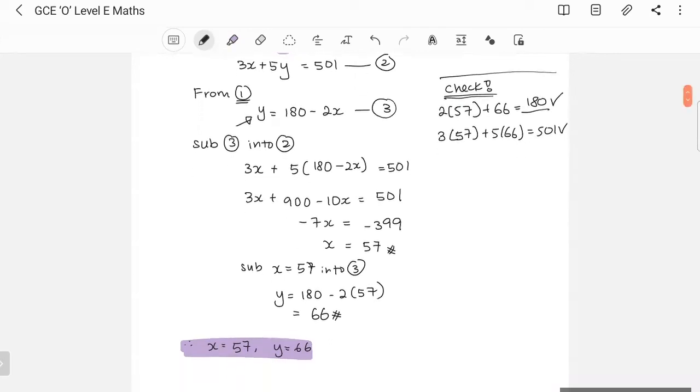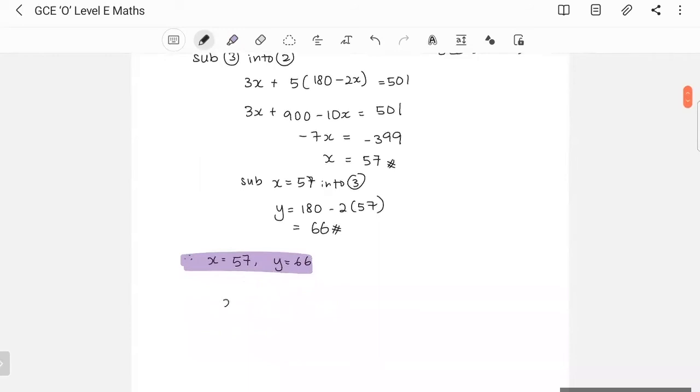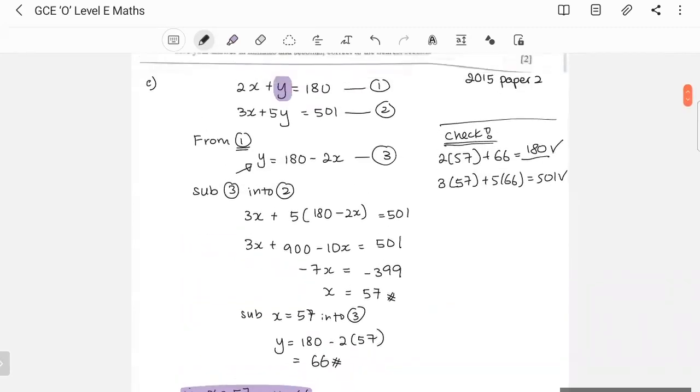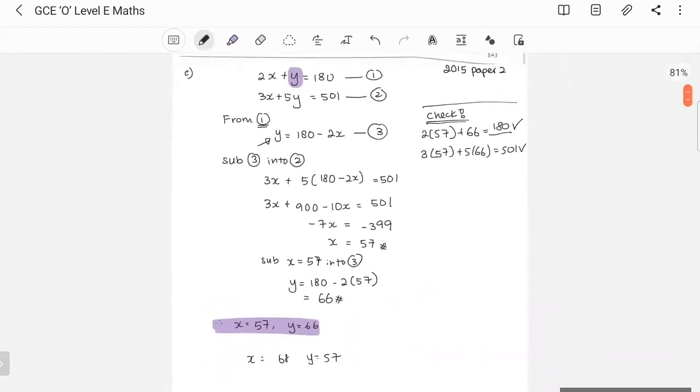So let's say your answer comes out to be x equals 68, y equals 57, etc. That means it's definitely wrong, because when you check, you'll realize it doesn't fulfill your statement. When your x and y don't fulfill the simultaneous equations or any form of algebra, your answer is definitely wrong. You have to immediately change your answers and redo, or find where your mistake is.